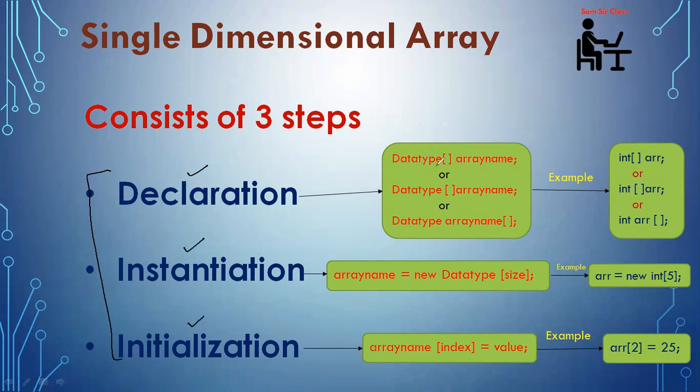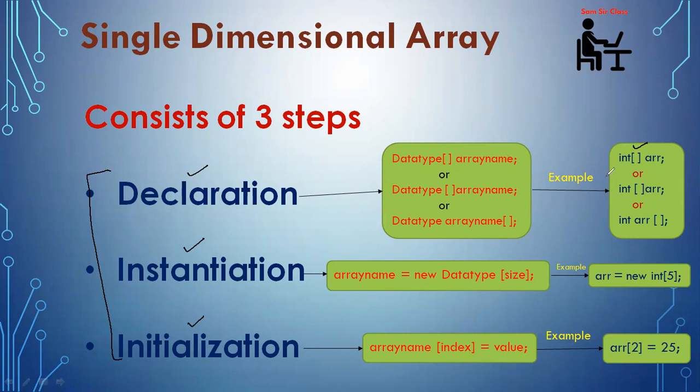During declaration, we can declare the array in three different ways. The data type, then brackets, then the array name, or data type, then space, brackets, array name, or data type, array name, brackets. During declaration, this is different from array declaration in procedure oriented programming languages, where if you keep this part blank, we may face an error.